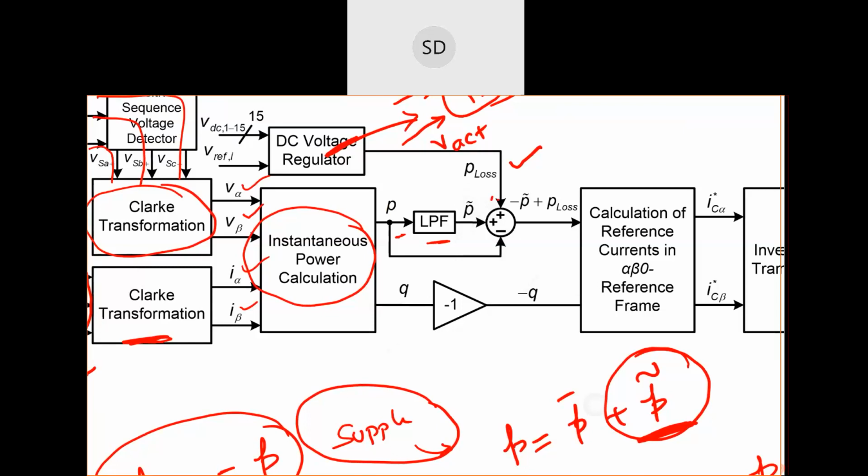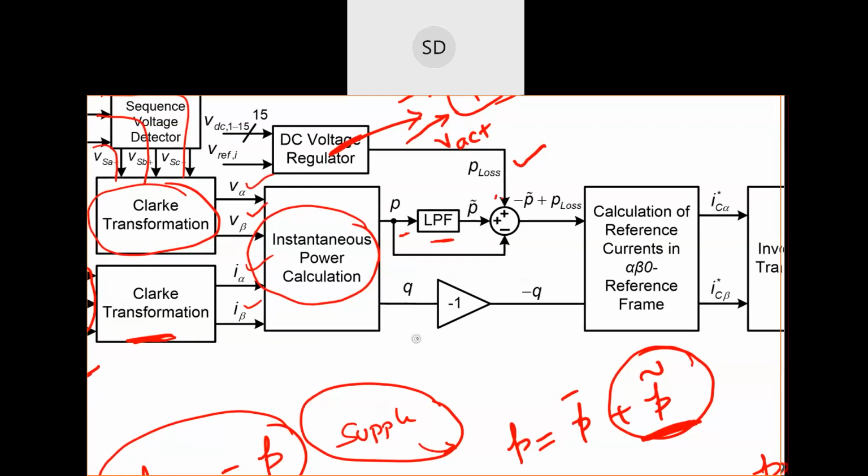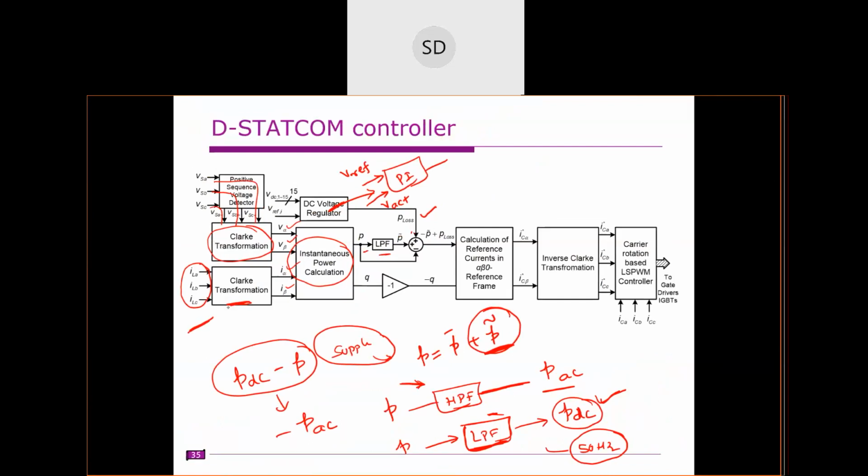One second, the screen is frozen. Okay, so this is bar actually.